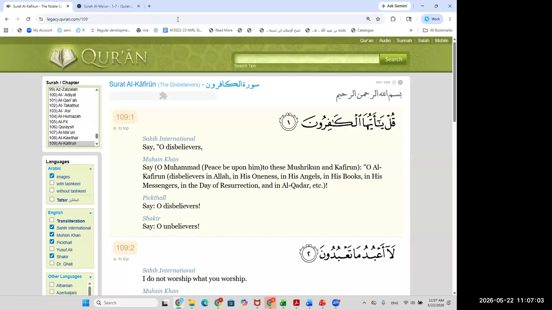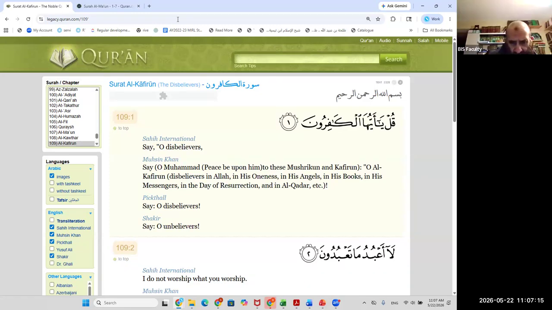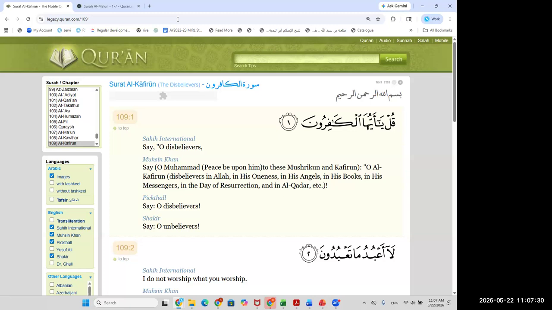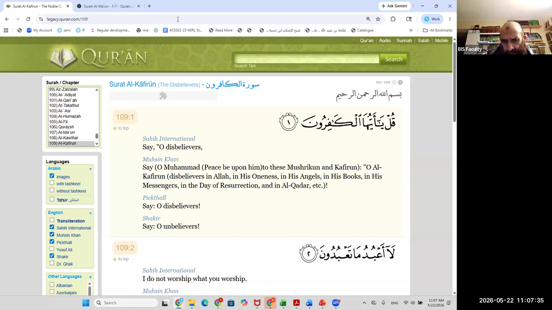Does harf nida make the next word mansub or something? It depends. If it is a single word, it carries a dhamma, as in Ya Allahu. Here we also have the marfu' form for the masculine plural, kafirun, not kafirin.